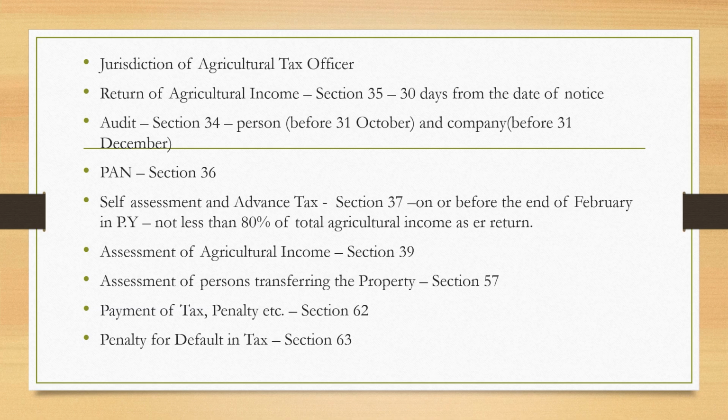In case of any person who, in the opinion of the agriculture income tax officer, is accessible to tax under this act, whether on his total agriculture income or on the total agriculture income of any other person during the previous year, the agriculture income tax officer may, before the end of the relevant assessment year, issue a notice to such person and serve the same upon him, requiring him to furnish within 30 days from the date of service of the notice a return of his agricultural income or of agriculture income of such other person or total extent of properties in his name or in the name of such other person during the previous year in the prescribed form and verified in the prescribed manner, and setting forth such other particulars as may be prescribed.